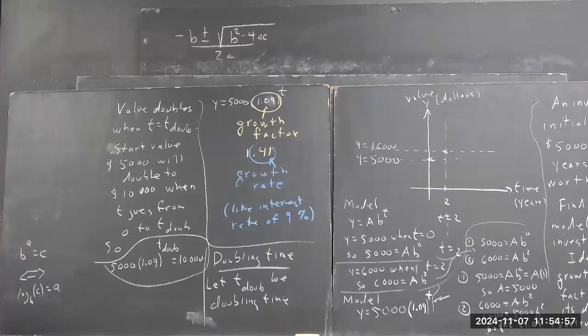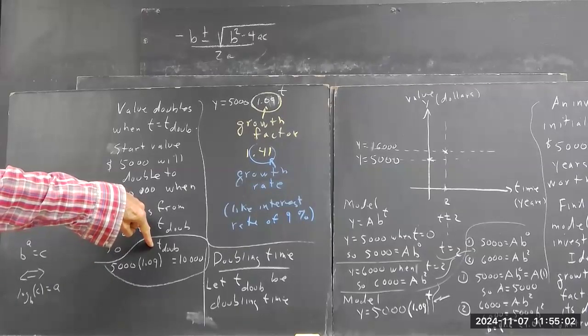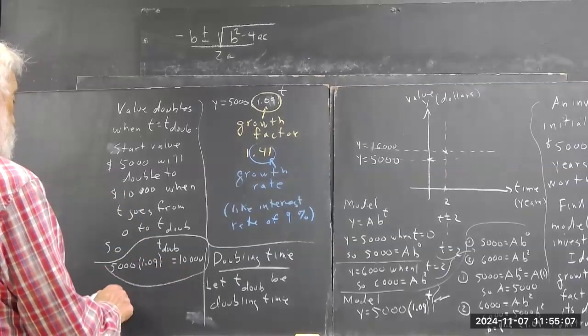Fine. Why do we do that? We can't solve this for t double as long as t double is up here in the exponent. Okay, so we divide both sides by 5,000.